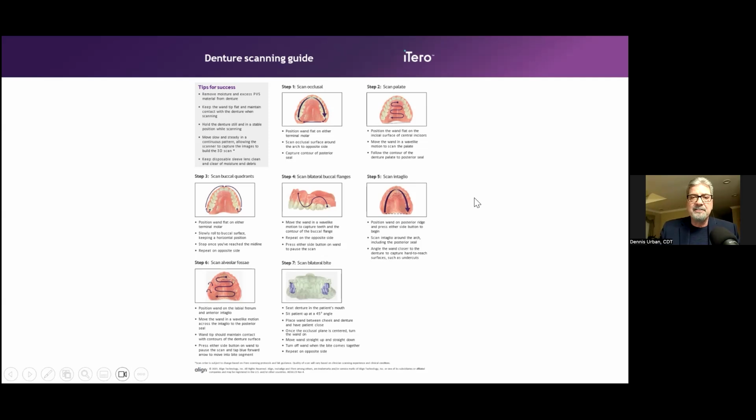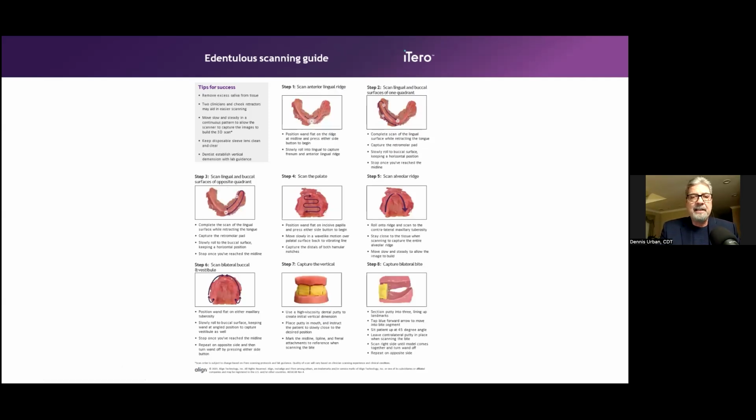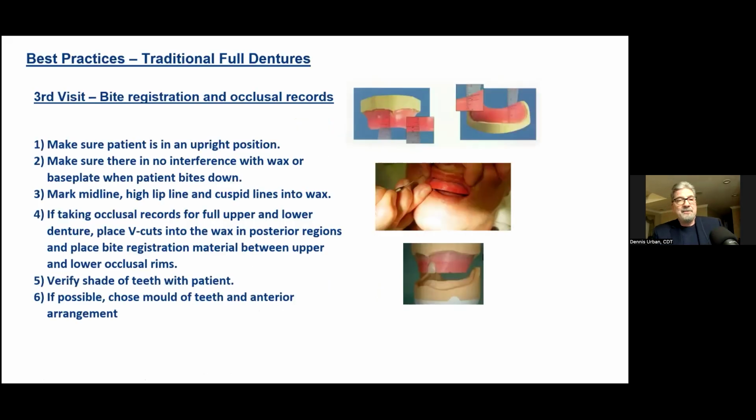Like you see here, this is the scan guide for an existing denture, and this is the edentulous scanning guide. If you look at the steps here, you can see it's similar to Dr. LaRusso's scanning, and we've been very successful with this type of strategy. If you want these PDFs, you can go right to their website. All righty, so just some little tips and tricks there.